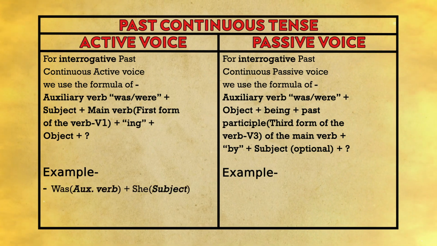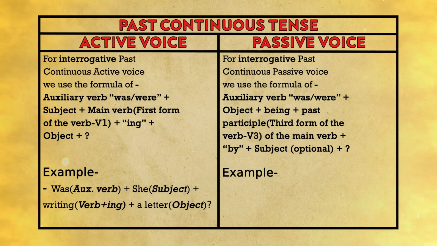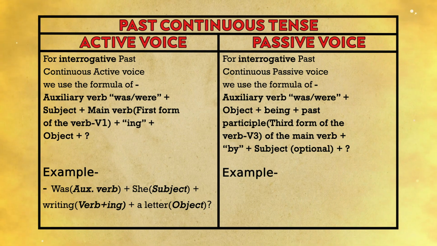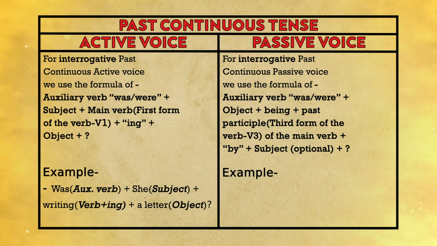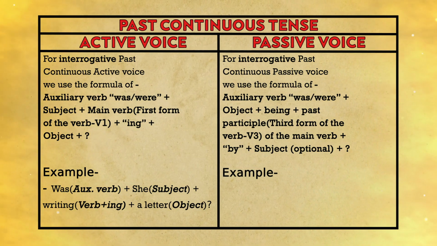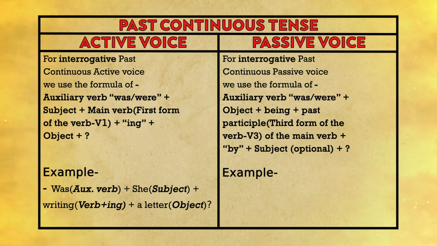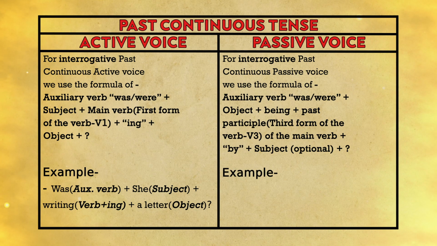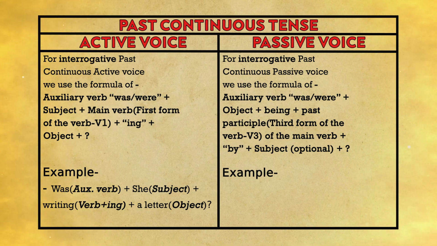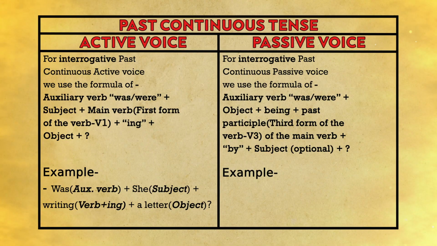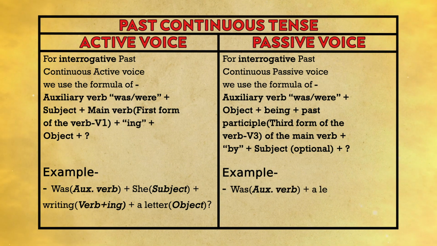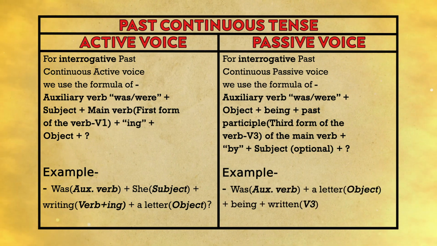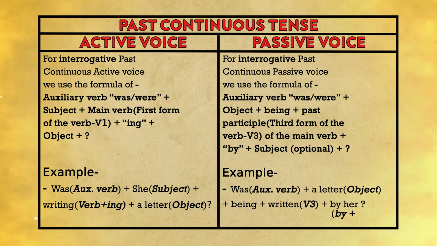Now, example. Was she writing a letter? Was is the auxiliary verb, plus she the subject, plus writing, that is verb plus ing, plus a letter, that is the object. So when we change it, it is was a letter being written by her.